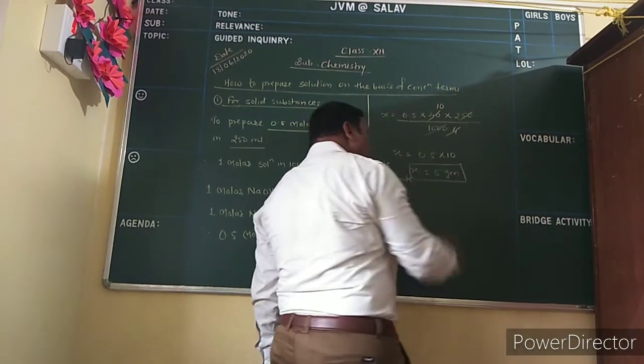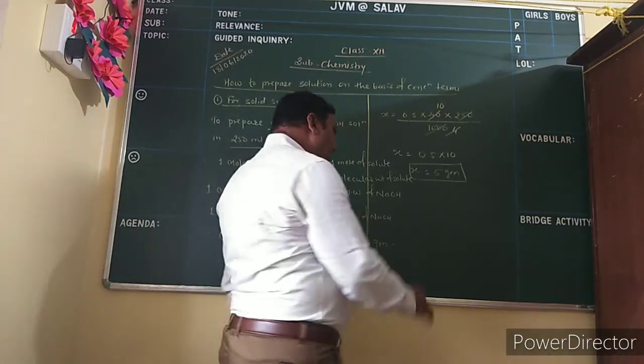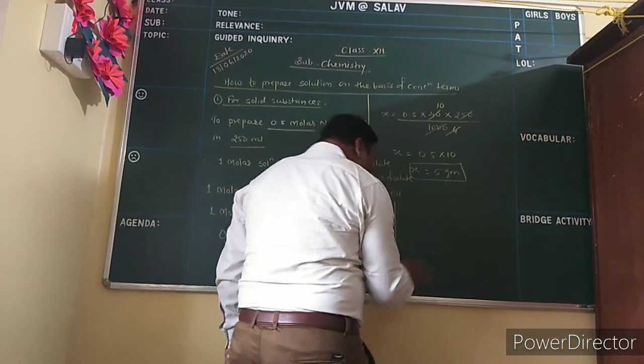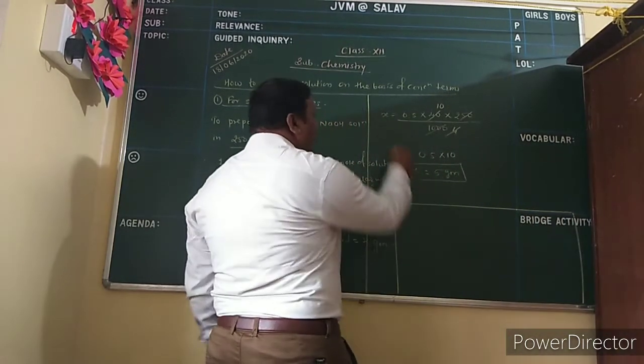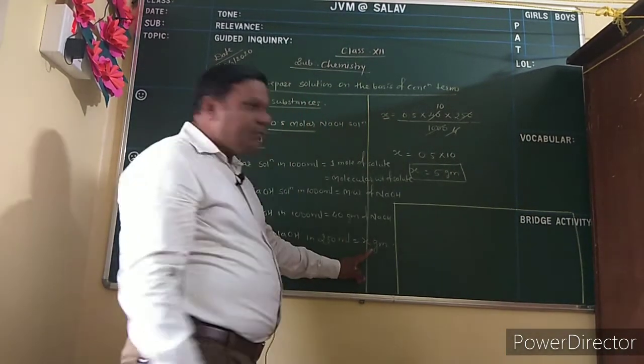Now you have to write this formula. How is this formula actually made? So what is your x? Weight of substance.